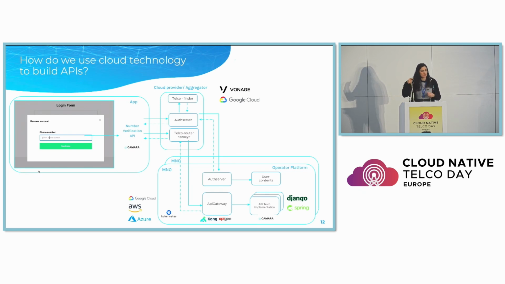There is a transparent portal for telcos, so you know whether the user consent is permitted or not. And when it knows that it can make a call, what we have in the operator's platform is an API gateway.